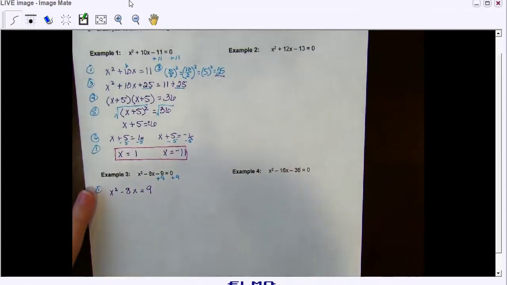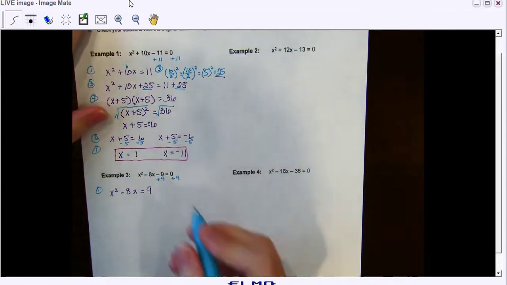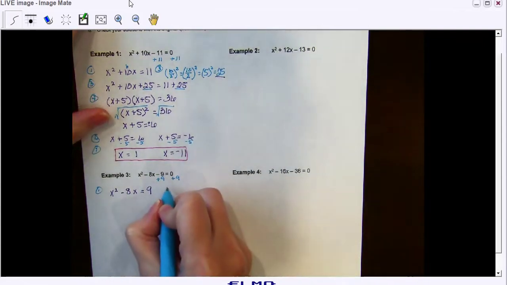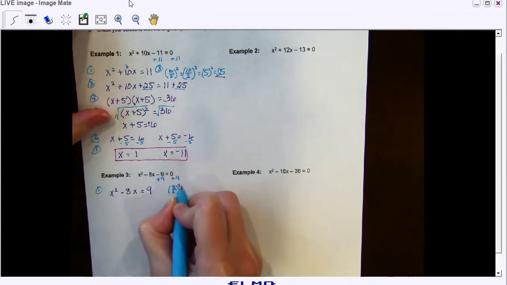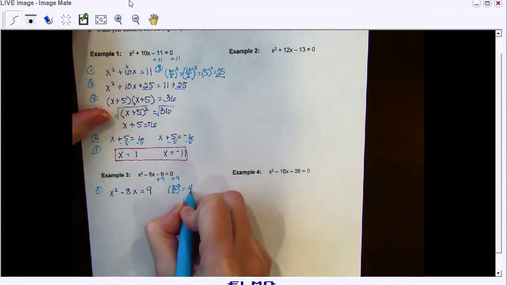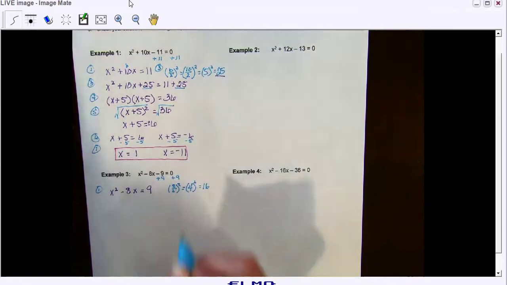Step 2 says to take half of term B, square it, and add it to both sides. So we're going to take half of term B. So we're going to take 8 divided by 2 and square it. So we get 4 squared, which is 16.